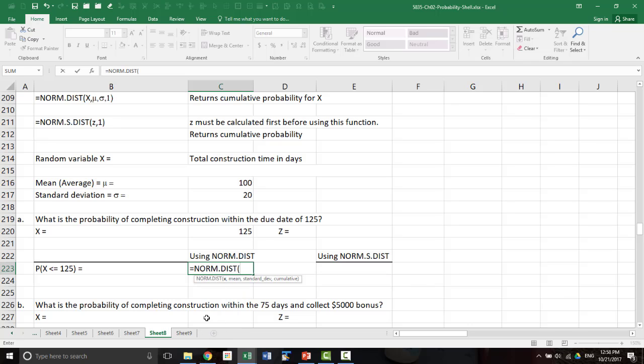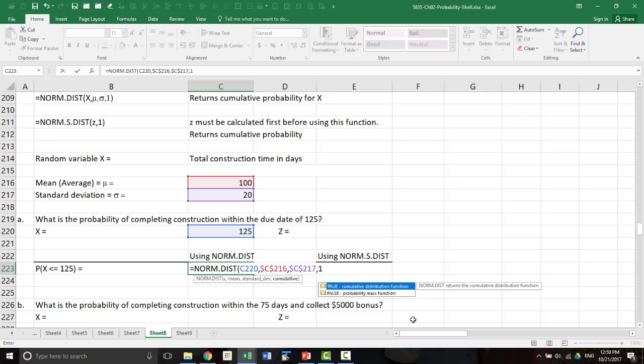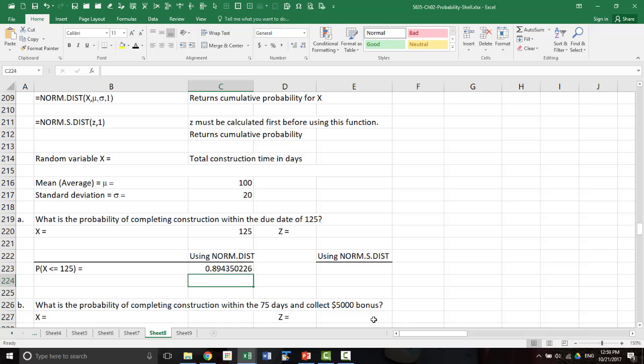Use the current function. So you have to first specify the value of x and then the value of mean mu. I'm going to absolute reference that. And then standard deviation, absolute reference that as well. And then you have to specify that you want the probability, which is a cumulative probability. Okay, that's it.